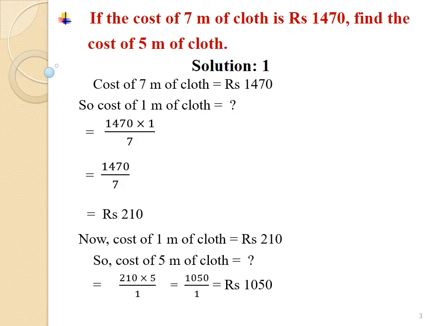Now multiplying 210 by 5 and keeping denominator 1 as it is, we get 1050 by 1. Now dividing 1050 by 1, we get 1050. Thus, cost of 5 meter cloth is rupees 1050.